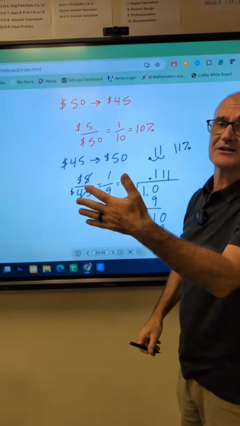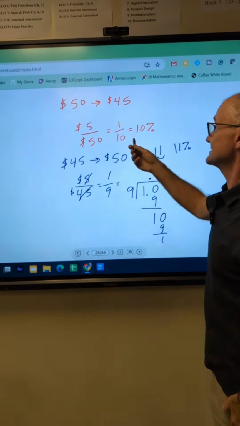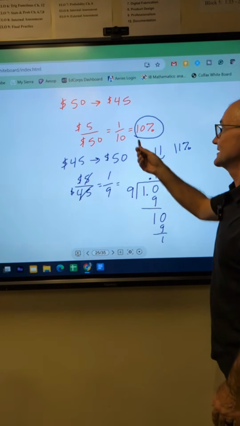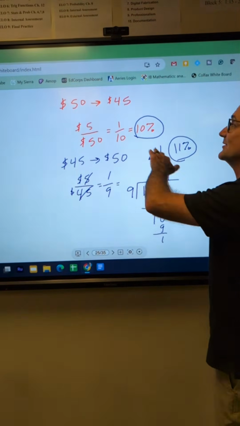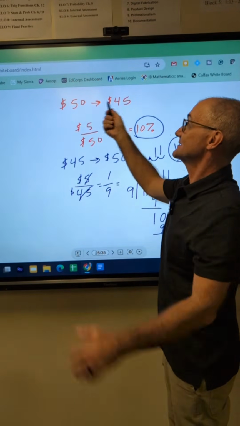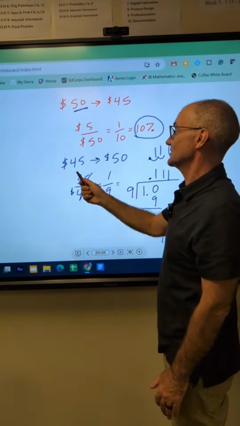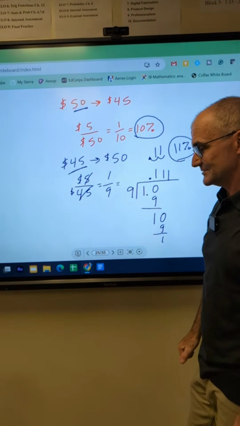It's still a $5 change in price, but it is 5 divided by that 50. So this is 10% off, but this is an 11% markup. So they don't work out the same. The key to remember is you're going to check the change in price and always work with the original number. And those are the trickiest percent problems.